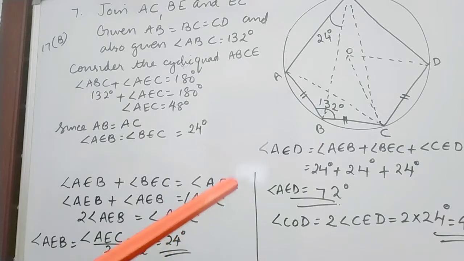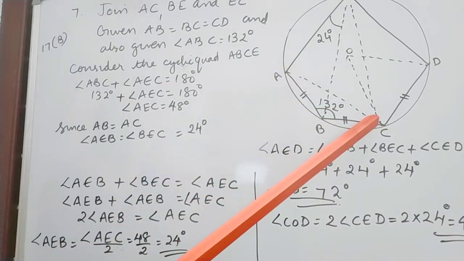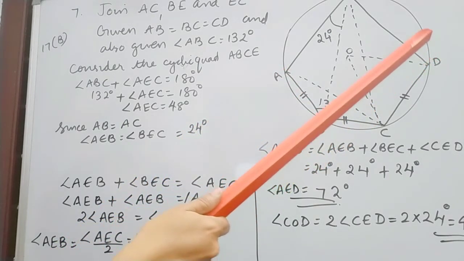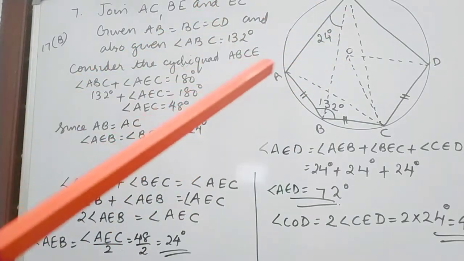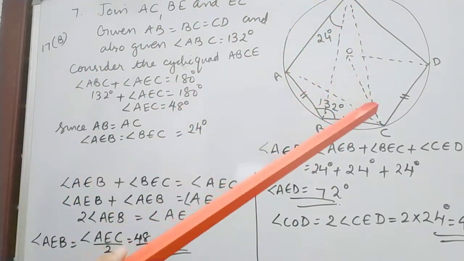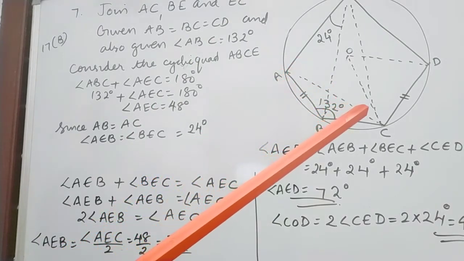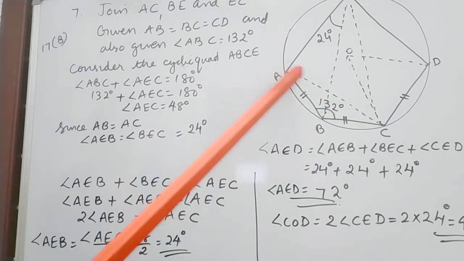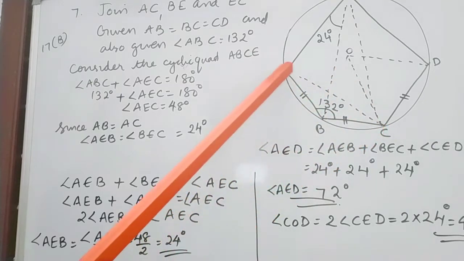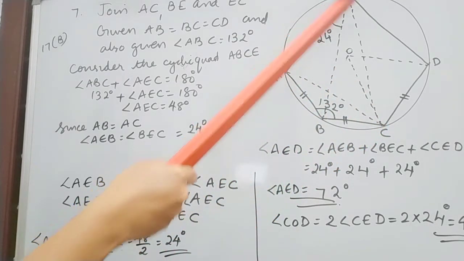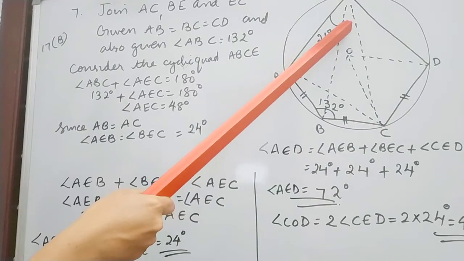So first we can consider the cyclic quadrilateral ABCE. Opposite angles of a cyclic quadrilateral are supplementary. So ABC plus angle AEC will be 180 degree.